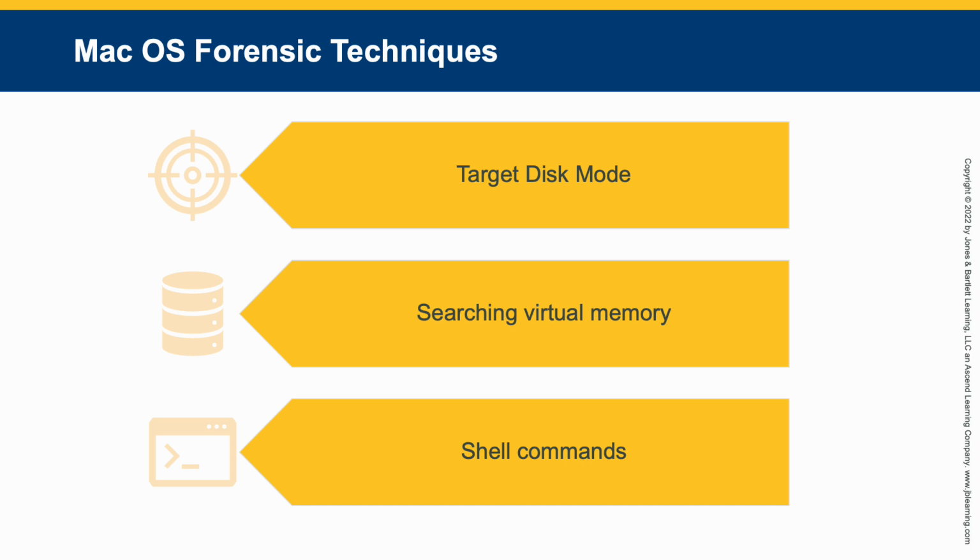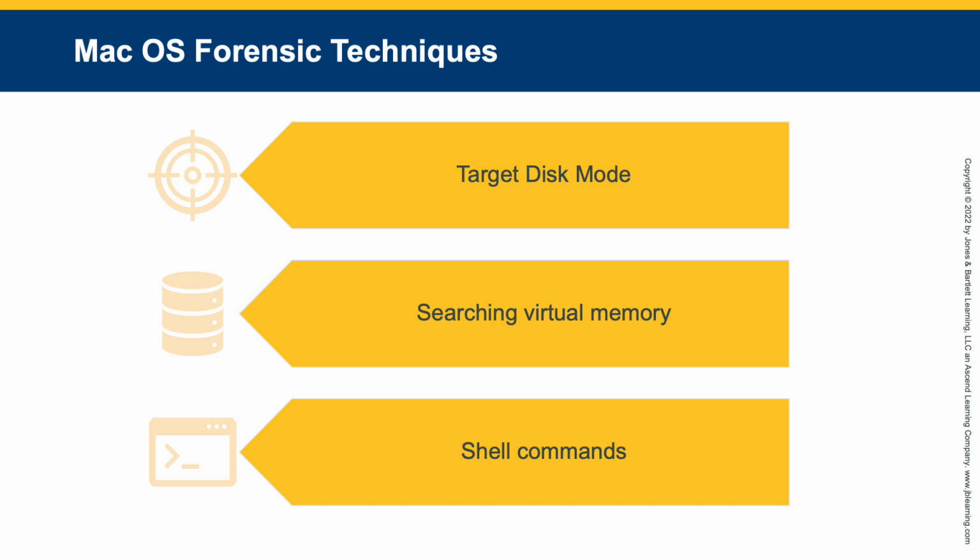Another essential Mac OS forensic technique involves searching virtual memory, also known as swap space or the paging file. In Mac OS, virtual memory is used to extend the system's physical memory, or RAM, by temporarily storing inactive or less frequently used data on the disk.